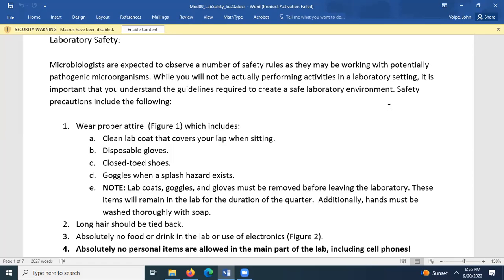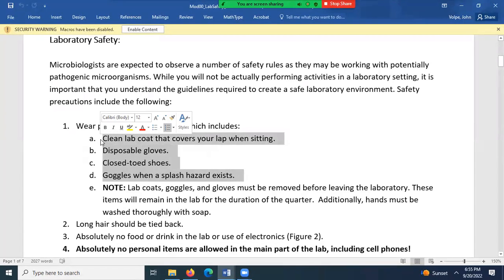Safety precautions include wearing proper attire, which includes, once you come into the lab, putting on a clean lab coat, which covers your lap when sitting. You wear disposable gloves and you have closed-toed shoes on. If you're working with a splash hazard, you wear goggles. Now, which of these four things do you put on before you come into the lab?